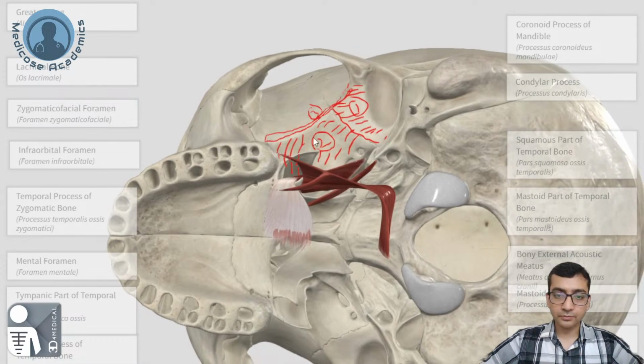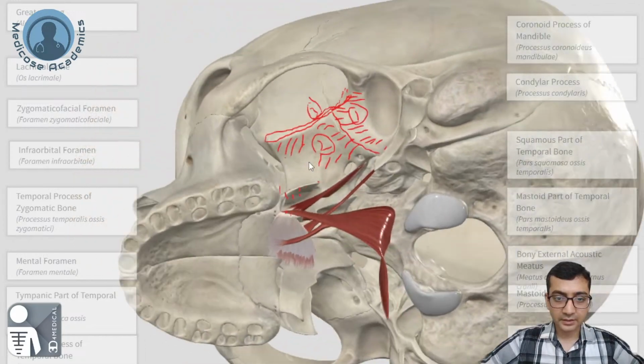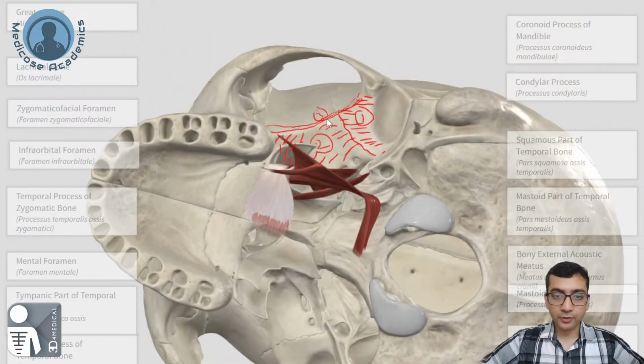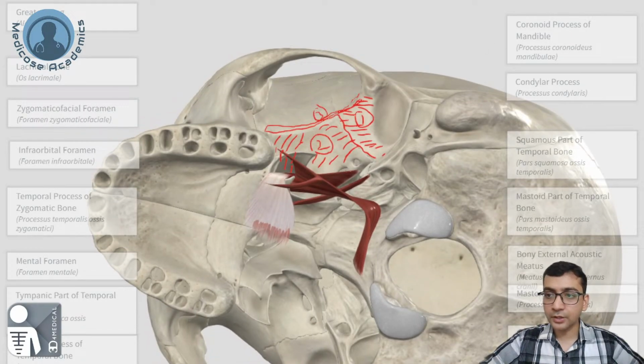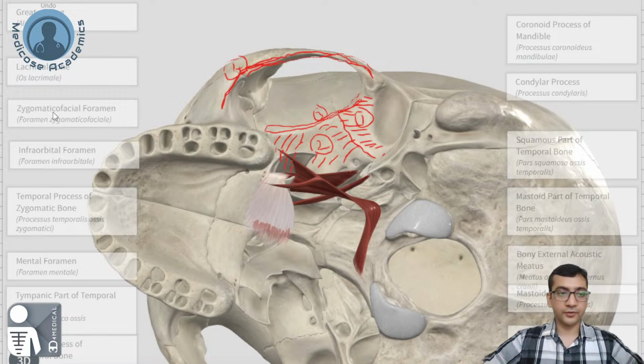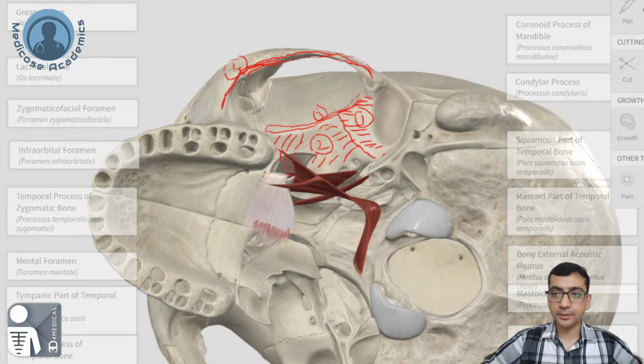This is the roof of the infratemporal fossa, and lateral to them, the fourth point will be the zygomatic arch, all the way to here, and the fifth point will be the gap that is present between them.